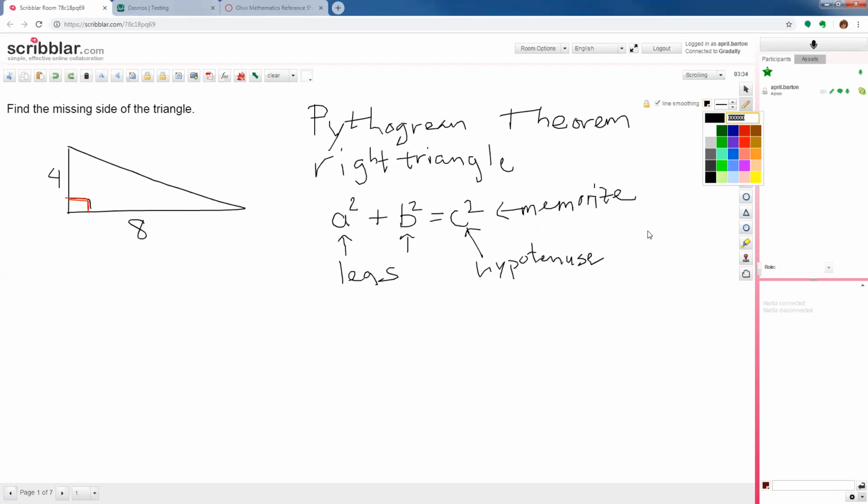So when you see that 90-degree angle symbol, the legs are the sides touching that symbol. This is a leg because it's touching the 90-degree symbol. 4 is also a leg because it's touching the 90-degree symbol. But the side across from it is called the hypotenuse because it's not touching. This 90-degree symbol never gets close to this hypotenuse.